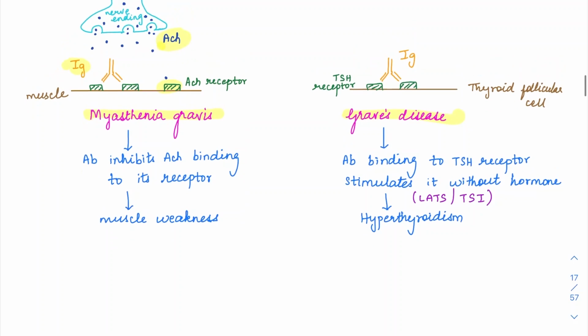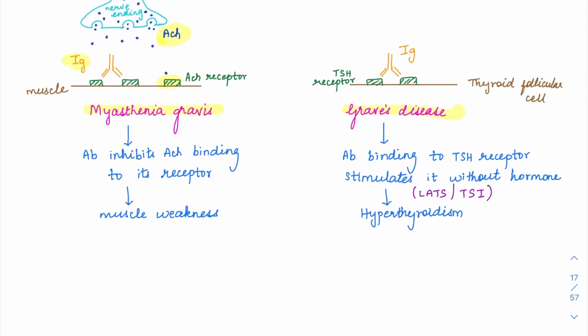Then the other example is Graves disease. Here again, autoantibodies are formed against the TSH receptor present on the thyroid follicular epithelial cells. These antibodies are actually acting as stimulating antibodies. Normally the hormone will come and attach to this TSH receptor and cause the activation of the thyroid. But this immunoglobulin, without the hormone itself, can directly activate this TSH receptor and cause thyroid hormone production.